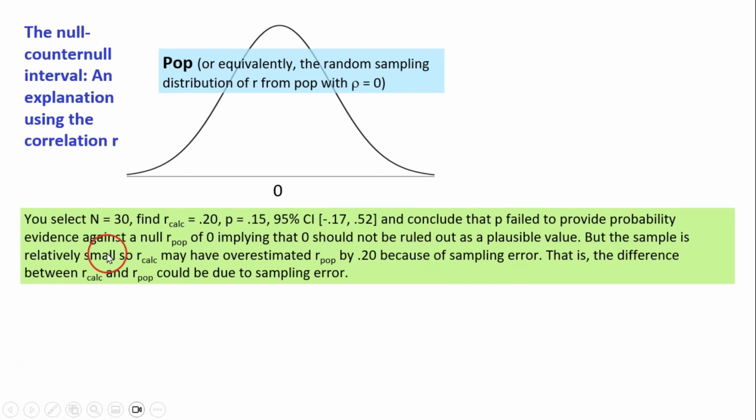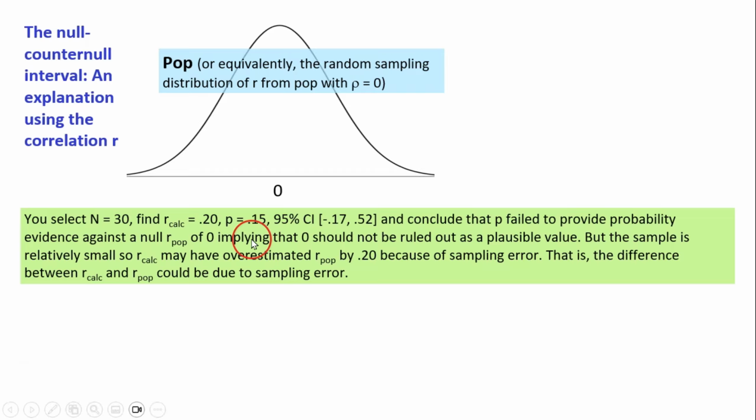But the sample is relatively small. So R calc may have overestimated R pop by 0.2 because of sampling error. That is, the difference between R calc and R pop could simply be due to sampling error. Okay? And so if you're left with just this, your conclusion is that, well, I can't rule out 0, and so 0 is a plausible value.